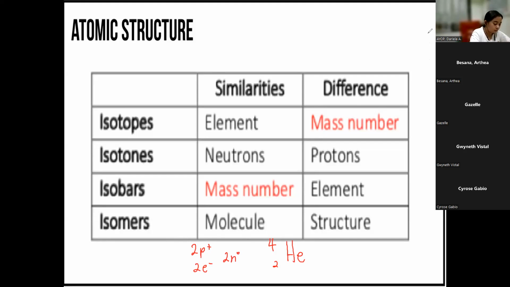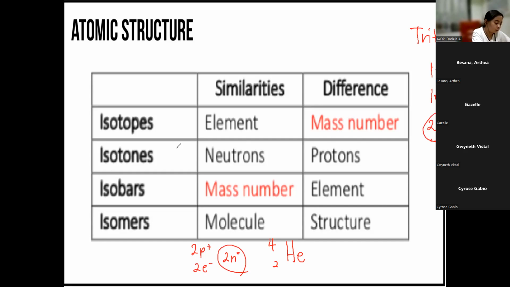Kung titingnan natin class yung tritium kanina, si tritium class ay merong isang proton, isang electron, and ilan nga yung neutron ng ating tritium? Sinulat ko yun kanina. Ilan nga yun? Neutrons ng ating tritium. Dalawa. Dalawa po, ma'am. Okay. So as you can see class, pareho sila ni helium na may dalawang neutrons.